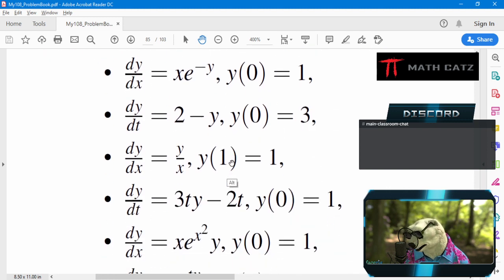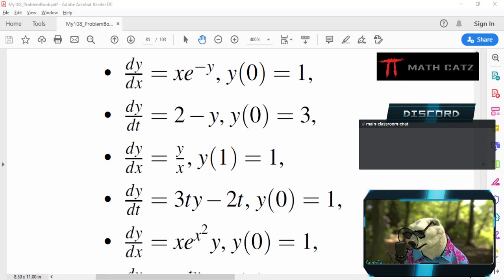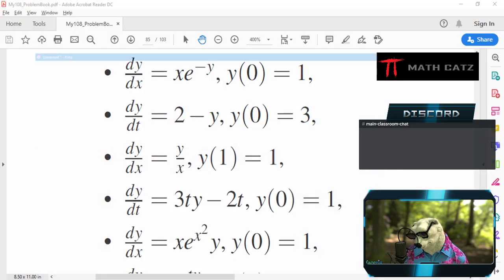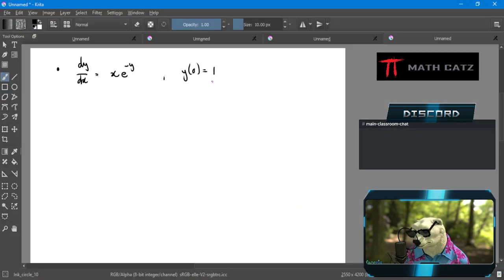dy dx equals x times e to the negative y, and y of 0 equals 1. All right.